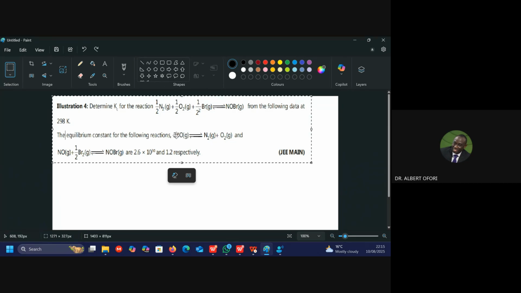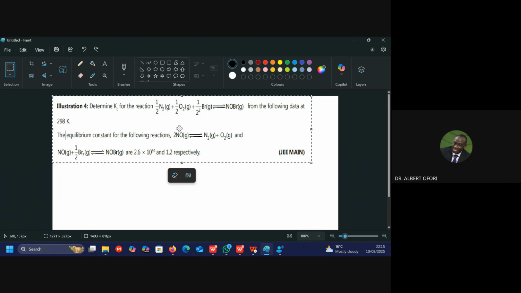If the nitrogen monoxide, which is 1 mole, is at the product, there's also 1 nitrogen monoxide there, so it will cross out. So now the overall reaction becomes half of this bromine, plus half of this nitrogen, plus half of this oxygen, now moving to form the nitrosyl bromide.